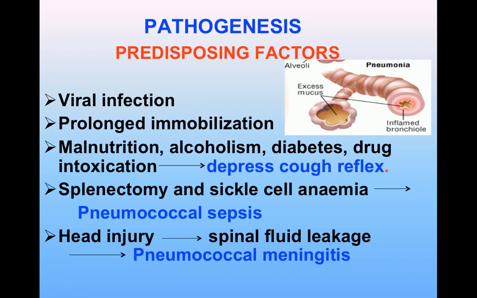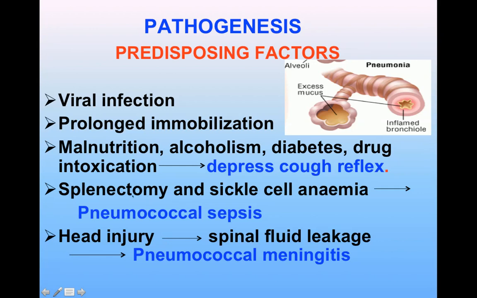development of pneumonias. Prolonged immobilization again results in collection of fluid in the bronchioles as well as the alveolar spaces, and it facilitates the spread of this pathogen. Malnutrition, alcoholism, diabetes, drug intoxication, they all depress the cough reflex and facilitate its multiplication in the alveoli and in the bronchioles.